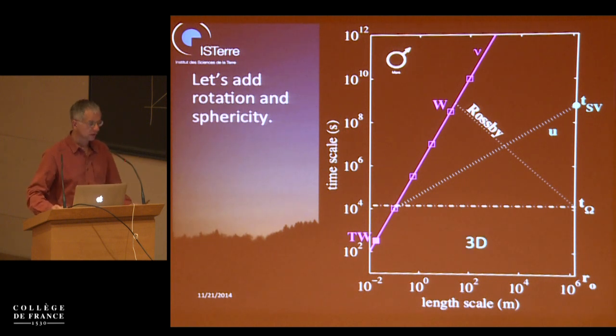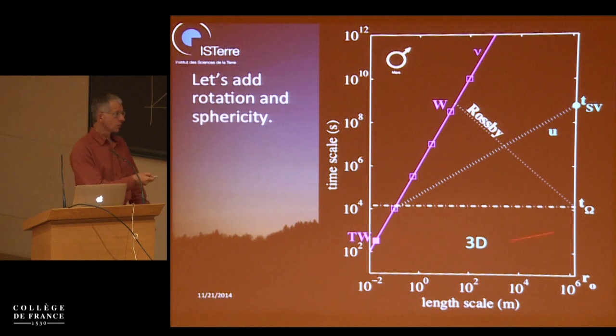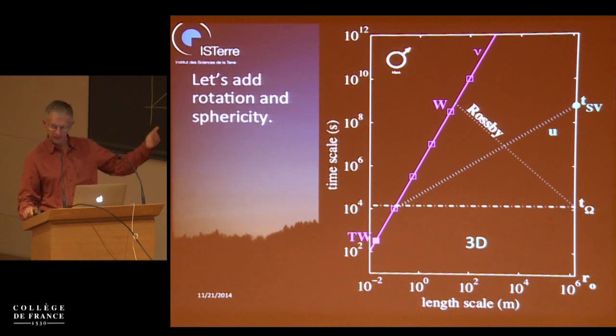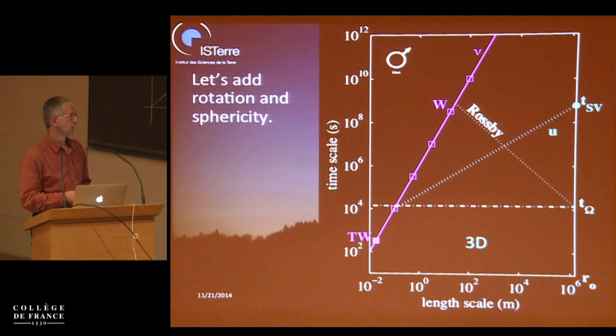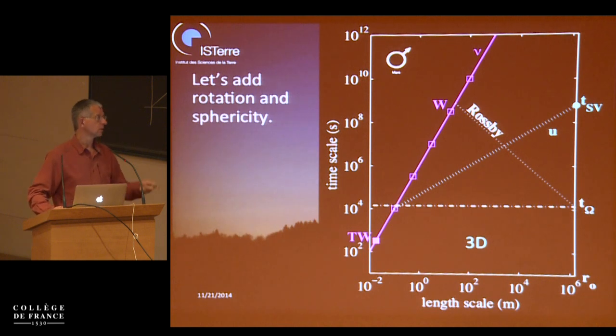In particular, what we expect is that if you have motions or things happening at time scales which are shorter than a day, you are in the classical case of Kolmogorov turbulence. You are not influenced by rotation. If you stir your coffee fast enough on Mars, you're not saying that Mars is spinning, right? On the opposite, when time scales are longer than a day, then you are influenced by rotation.